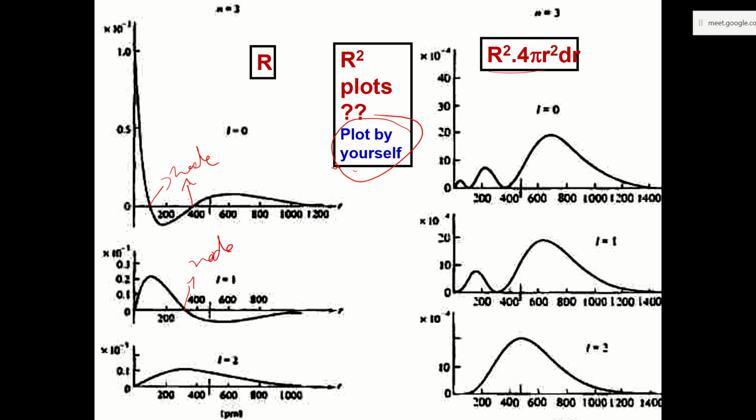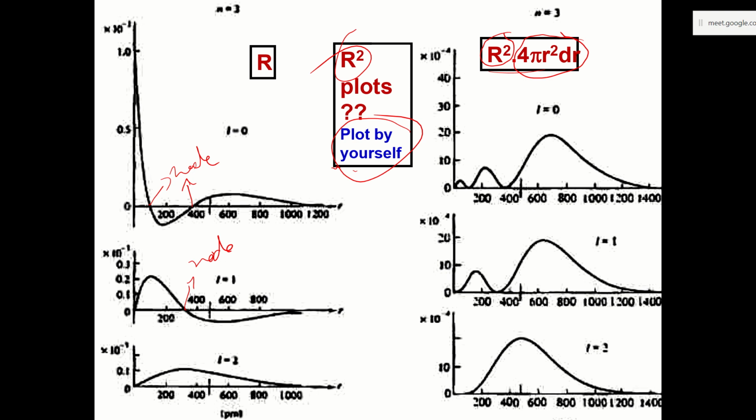We are trying to see the amplitude variation with radius. 1, that's the radial wave function, plot of radial wave function. 2, we are trying to see the electron density, how it varies with radial distance, that is the plot of capital R square. 3, we again multiply this capital R square with 4 pi r square dr, that is the volume of the thin shell, and this gives me the probability.